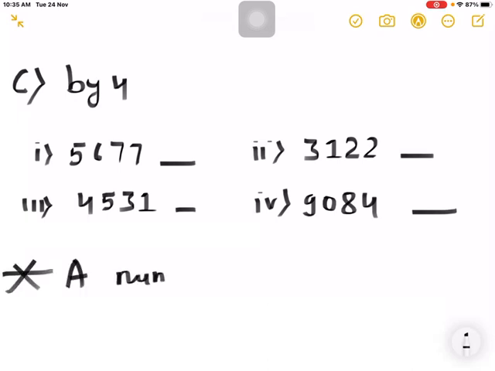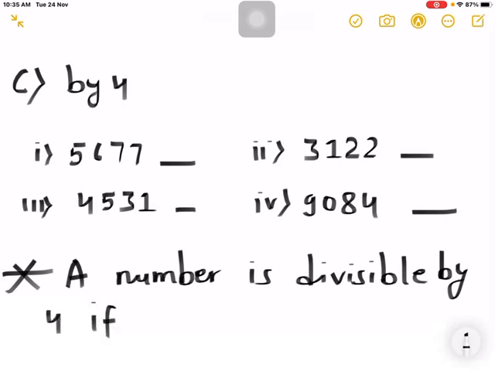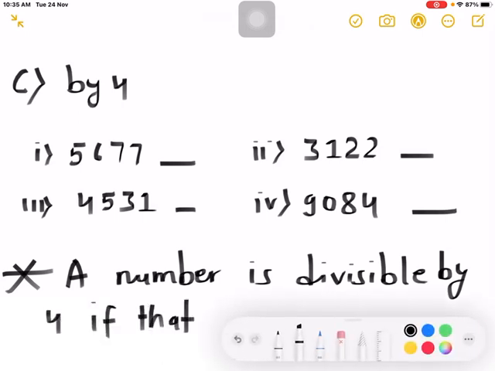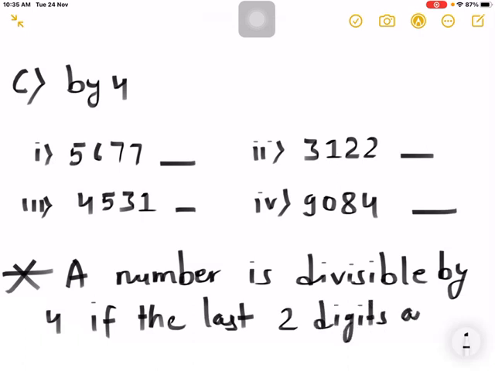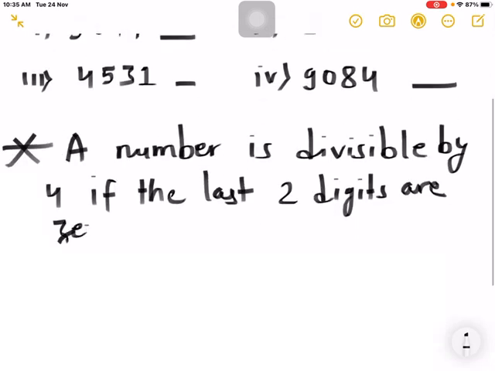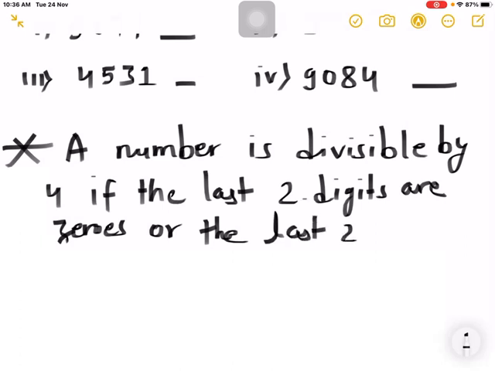A number is divisible by 4 if the last two digits are zeros, or the last two digits form a number that is divisible by 4.